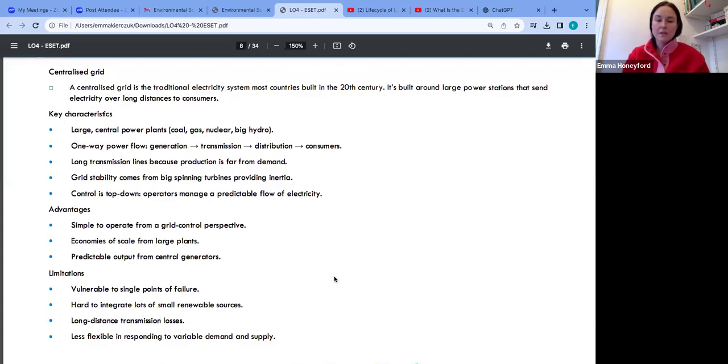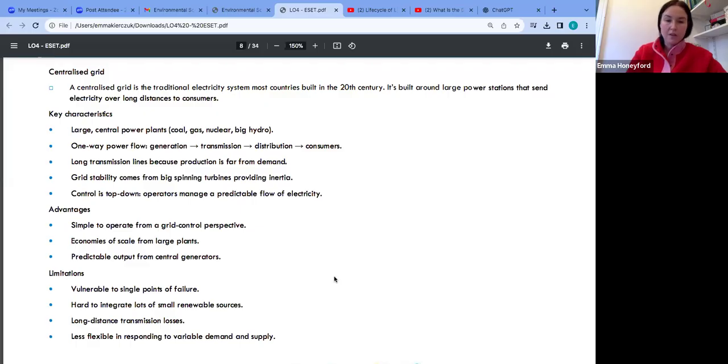It's also hard to integrate lots of small renewable sources. It's very rigid. And we know that with the move towards renewable energy, we're going to need systems in place that can integrate the energy supply. Due to the long distance lines, where production is so far from demand, you can lose energy through the transmission.